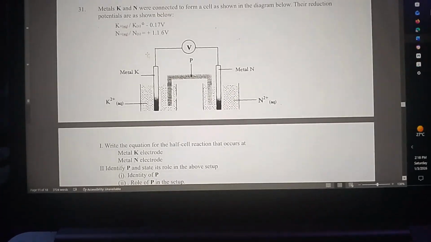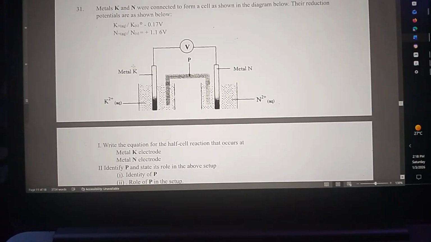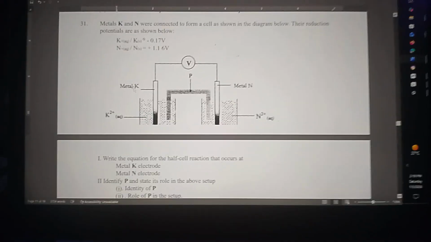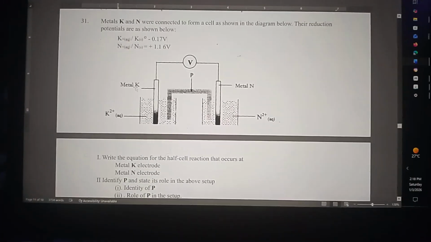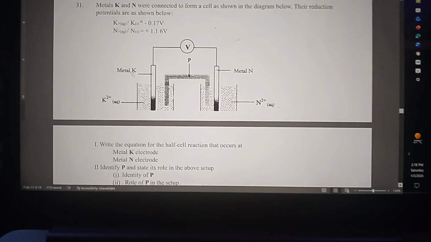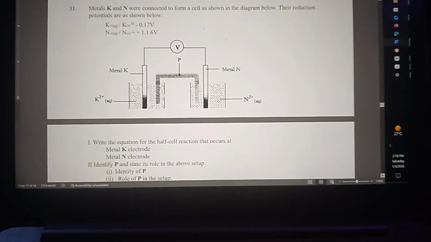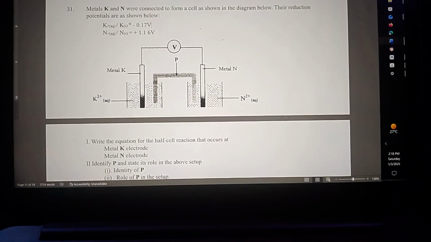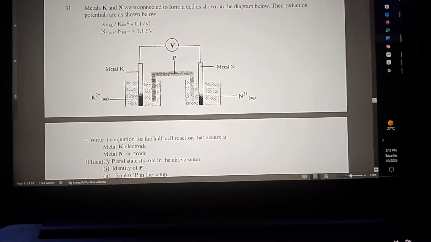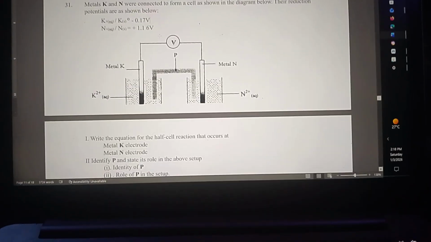And looking at these two metals here, K is put on the right hand side, and remember, when you put anything on the right hand side of an electrochemical cell, then the result is going to undergo an oxidation, and when you put something on the left hand side, it's going to undergo reduction.